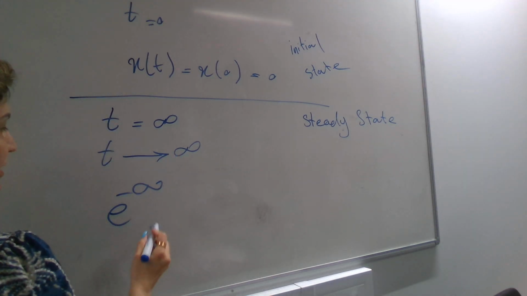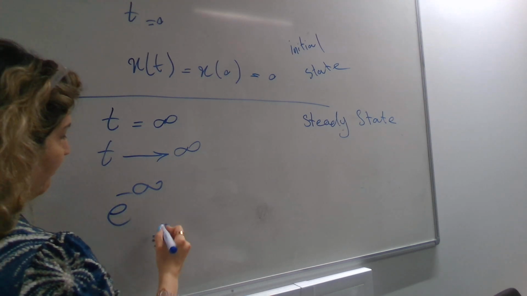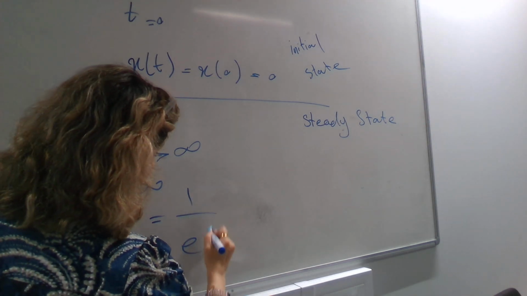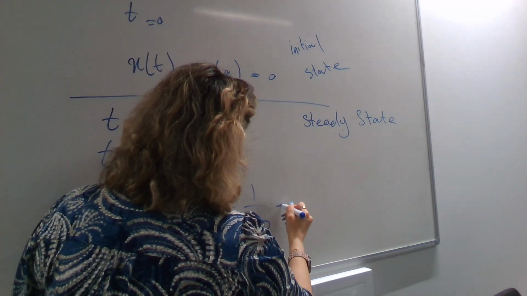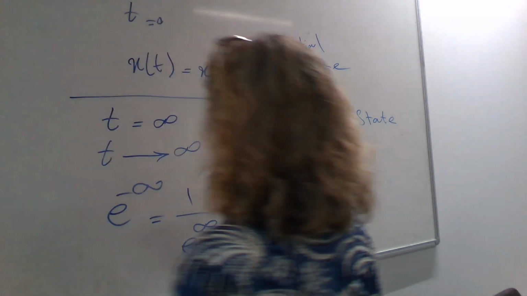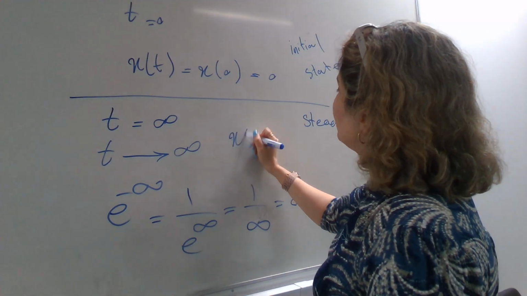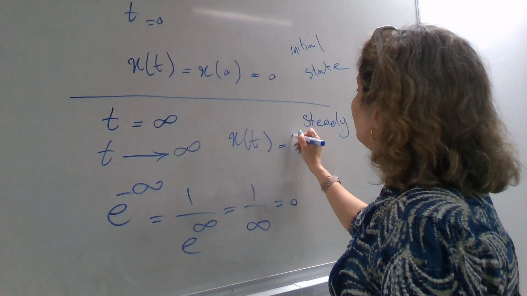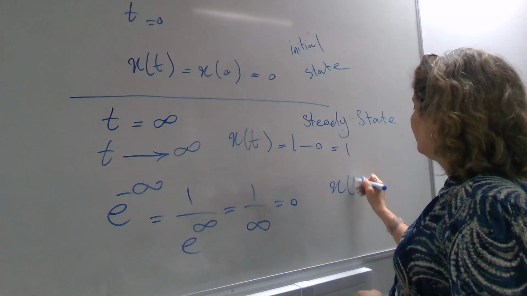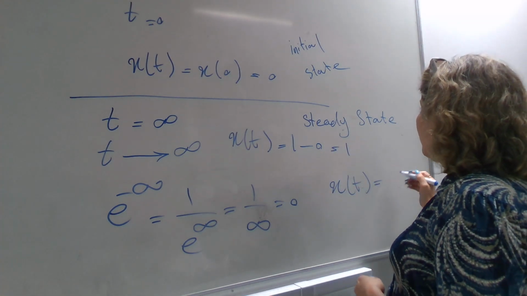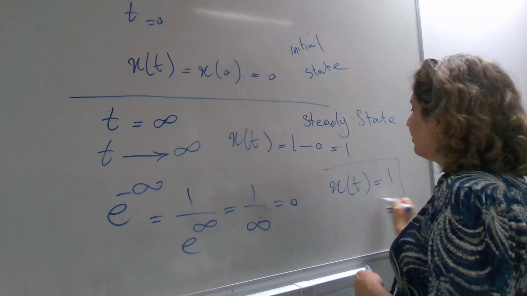When time is infinity, e to the minus infinity will be 1 over e to the power infinity, which is 1 over infinity, equal to 0. That brings x of t to 1 minus 0, which is 1. So x of t in the steady state has the value of 1.